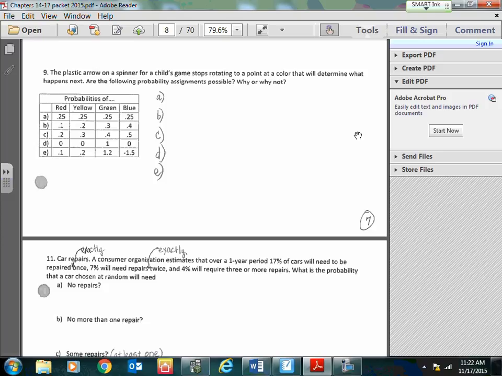Are the following probability assignments possible? Why or why not? If you say yes, it's okay. Just say yes. If you choose no, tell me why not. For example, question A says 25% are red, 25% are yellow, 25% are green, and 25% are blue. Is that a possible scenario for a spinner?